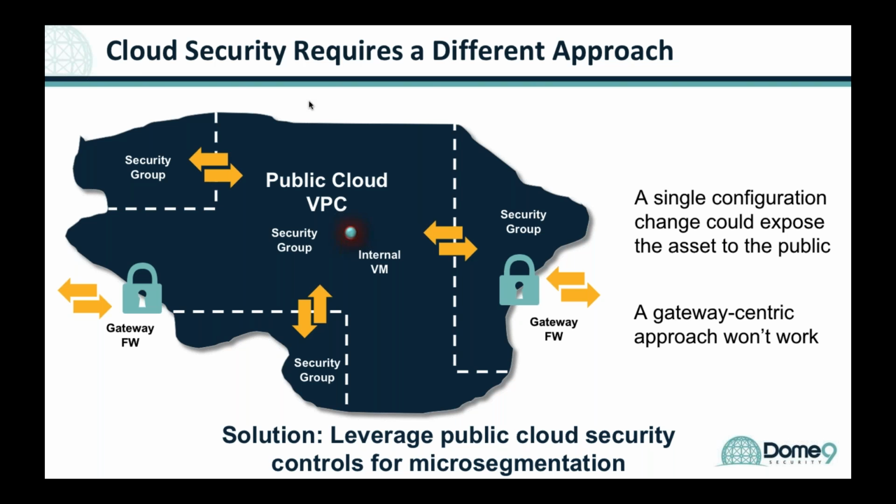And because of this lack of a hardened perimeter, accidental public exposure is no more than a single API call away.